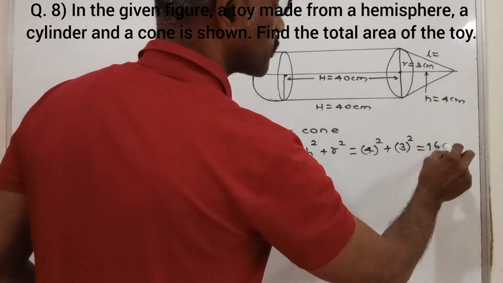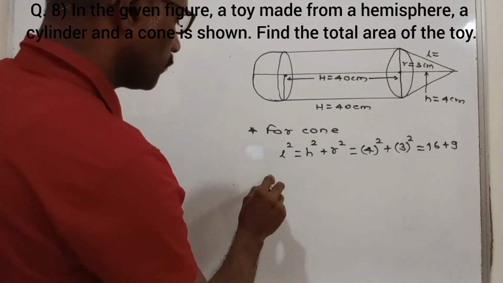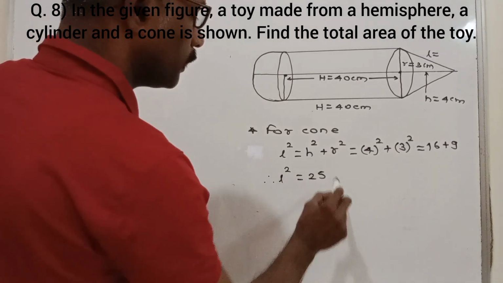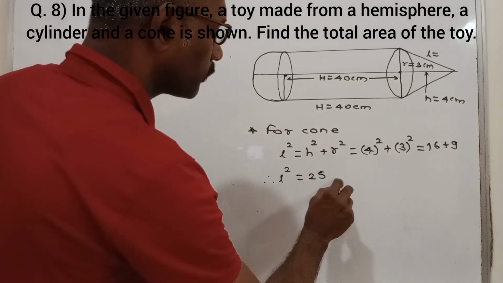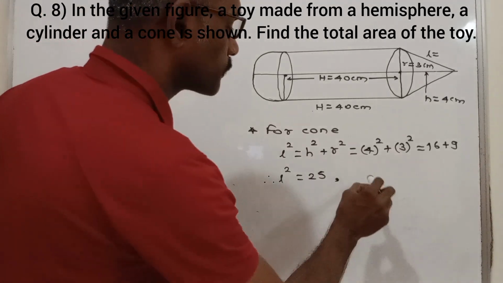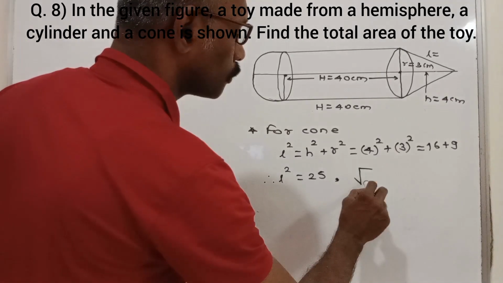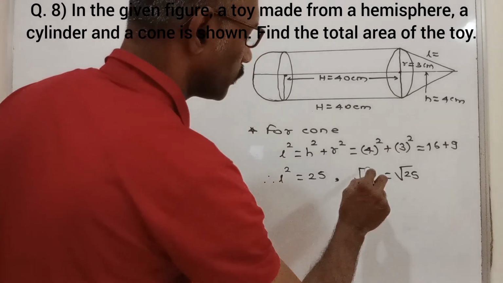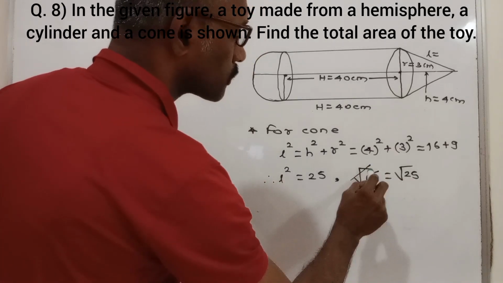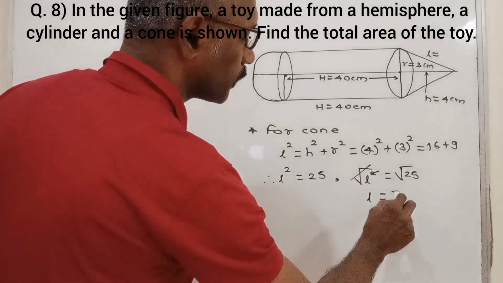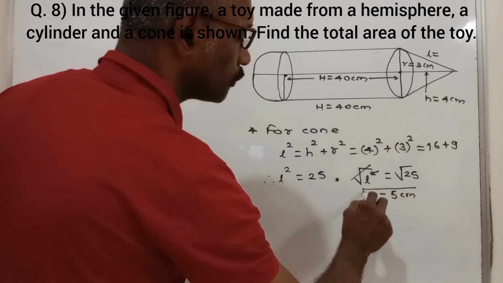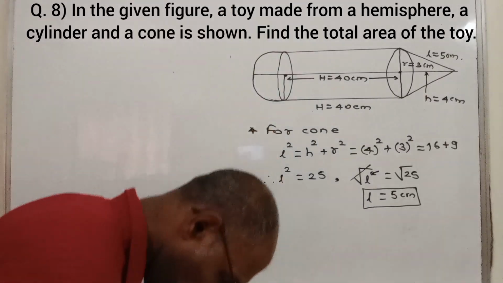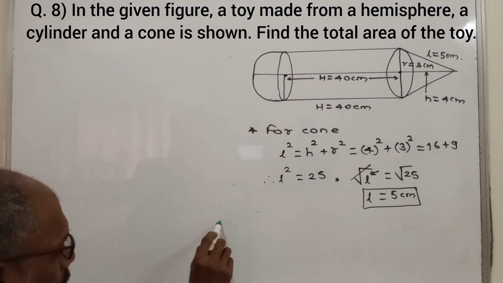Therefore 16 plus 9. Therefore we write L square is equal to 25. So we take square roots of both the sides. So we write square root of L square is equal to square root of 25. Now square root and square cancel. Therefore L is equal to 5 centimeter.